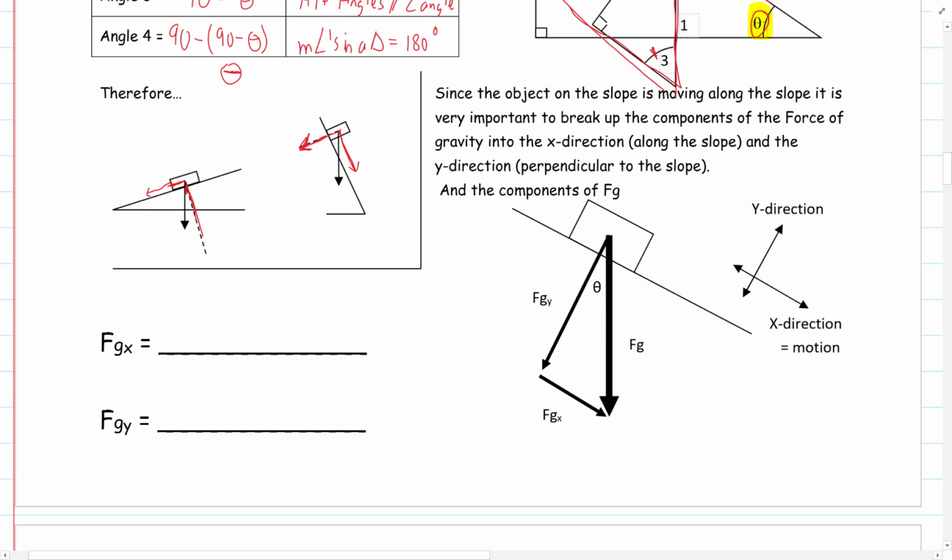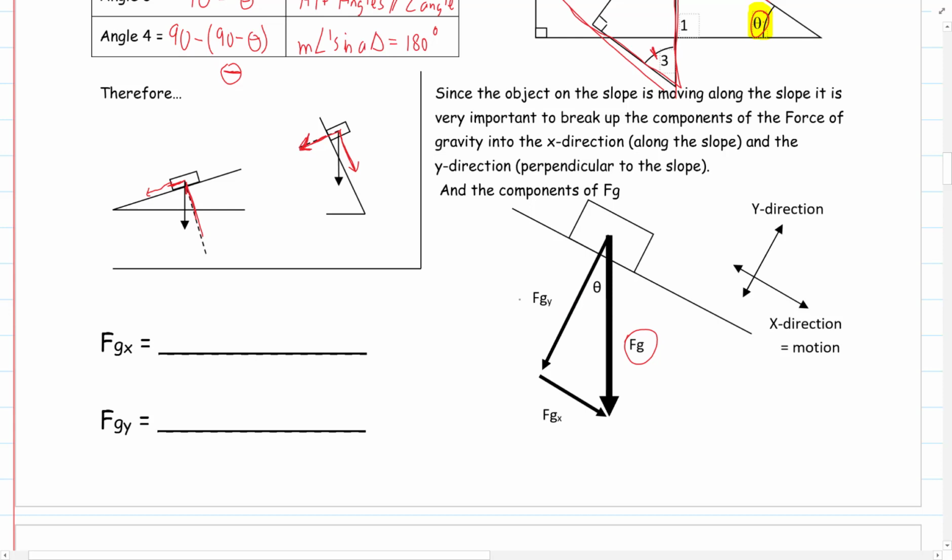So we can call this the force of gravity. If that's the case, then this is the force of gravity in the y direction, and that's the adjacent.